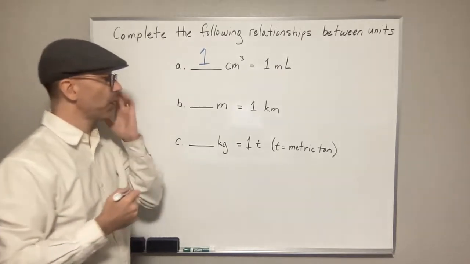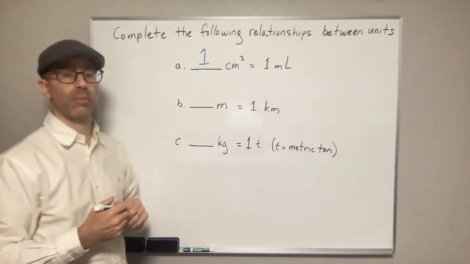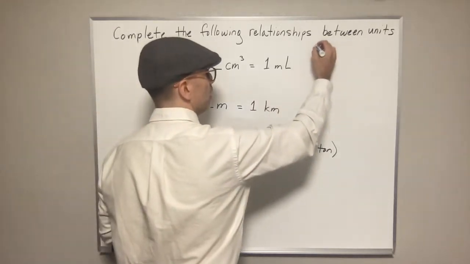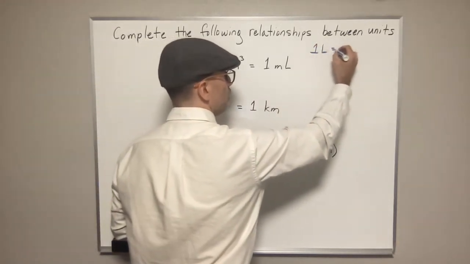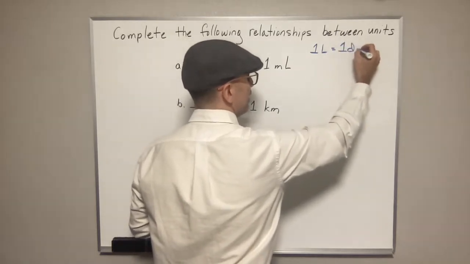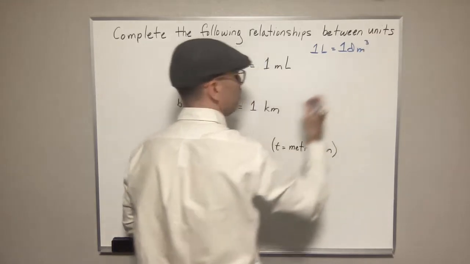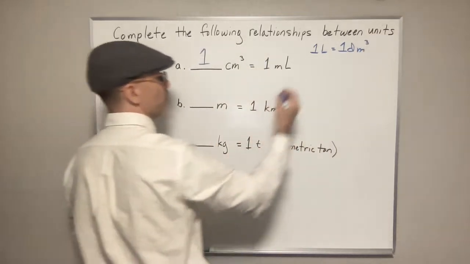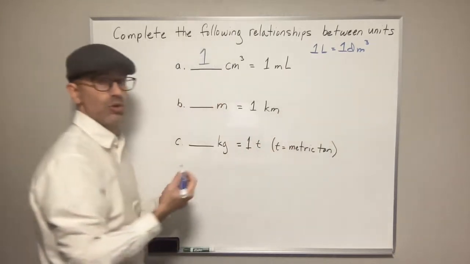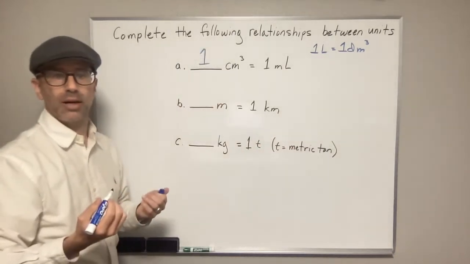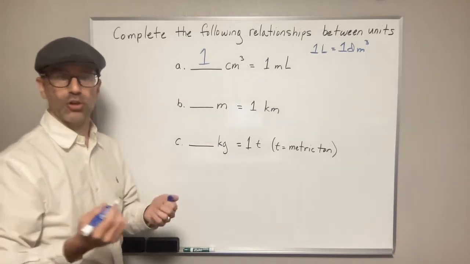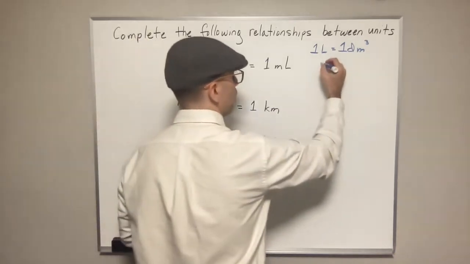And so another way you can remember this, if you remember from one of my other videos, we know that 1 liter is equal to 1 decimeter cubed, right? And that was from the fact that the SI unit of volume is the meter cubed.